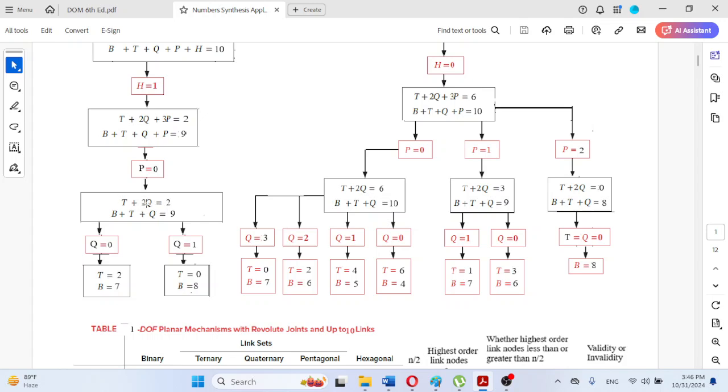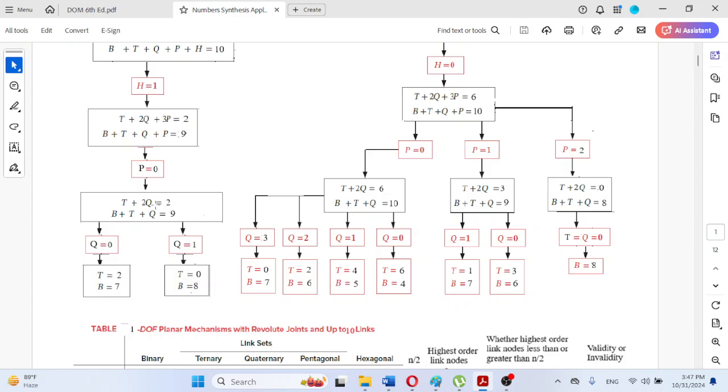Here we can observe that this quaternary link can adopt two values, q is equal to 0 and q is equal to 1 only, because if q is equal to 2, for example, it will be 2 multiplied by 2, 4, so t plus 4 is equal to 2, meaning 2 minus 4 will be minus 2.